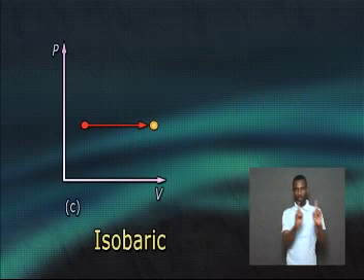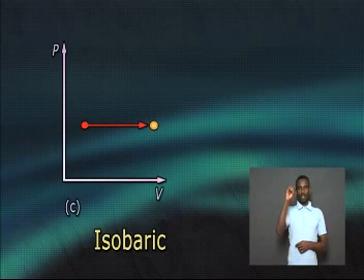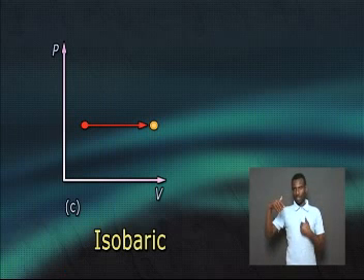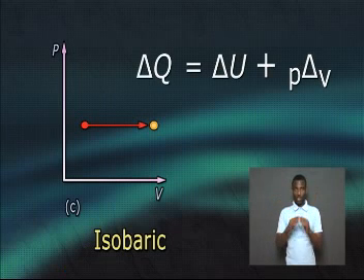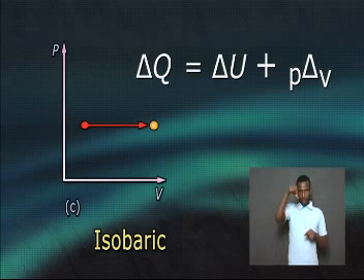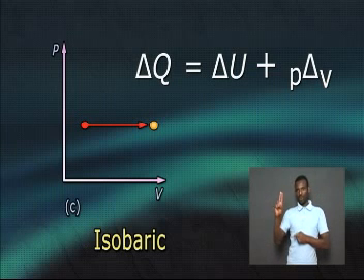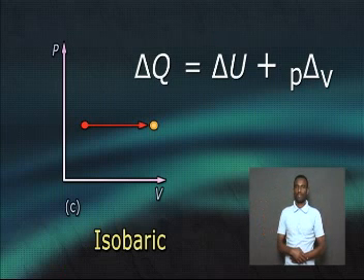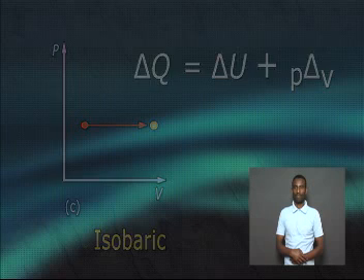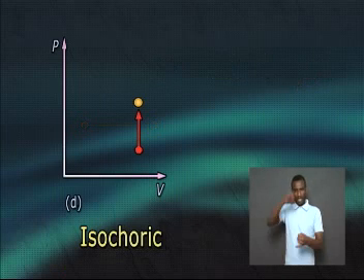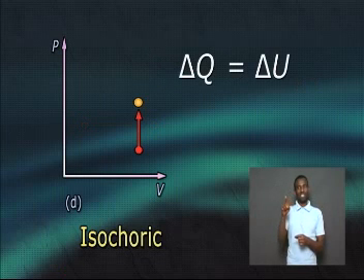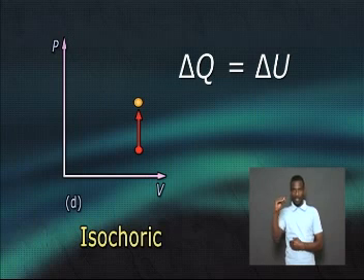The third diagram is an isobaric process, as it has constant pressure. The correct equation is delta Q is equal to delta U plus P delta V. The last one was actually unidentifiable at this stage and is called isochoric process.